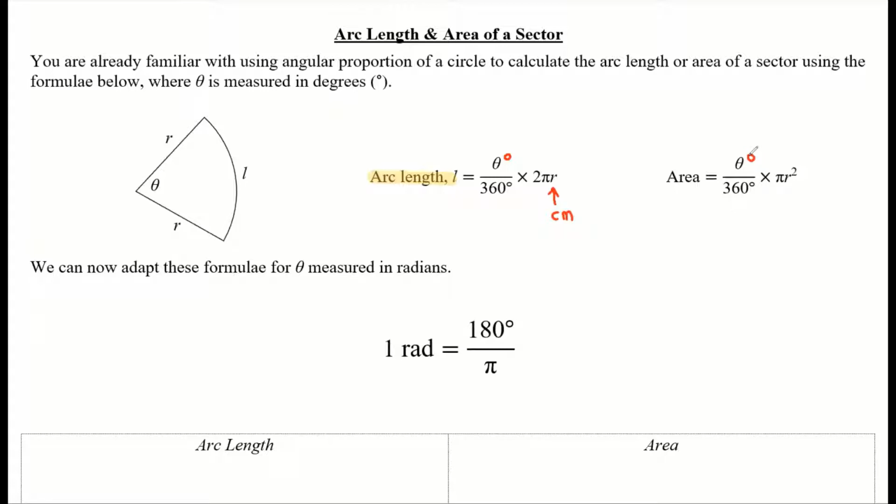Now, in a moment, we're going to convert these formulae so we can use them when we've got angles defined in radians. So just to remind you of this, we need to be clear about what a radian is. In degrees, 1 radian is 180 degrees divided by pi. Now, how are we going to adapt our formulae? Well, we can do this directly. We can derive these new formulae, and you'll see how much more simple it is to use radians.